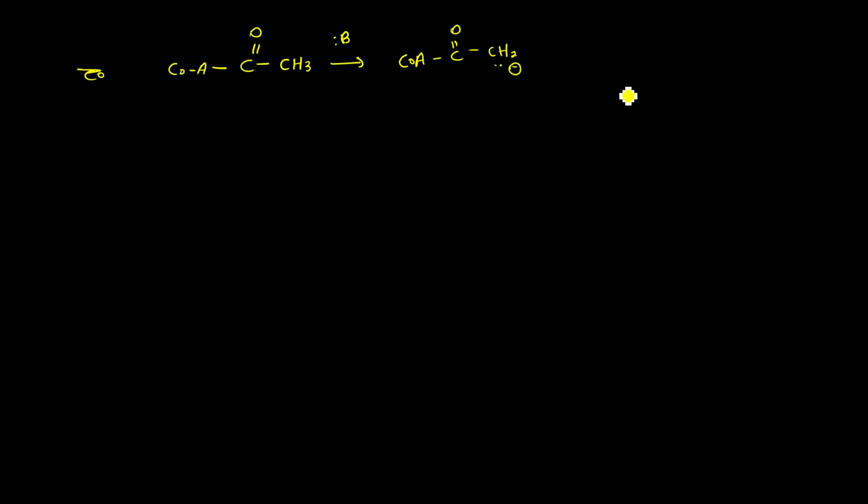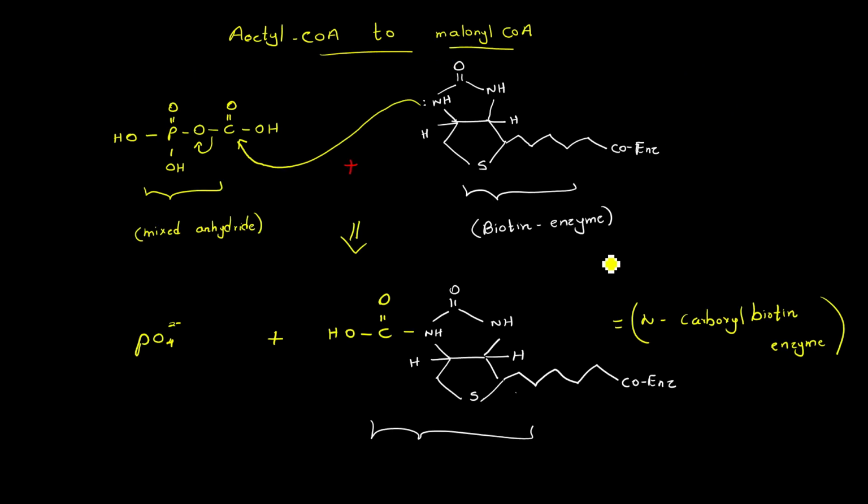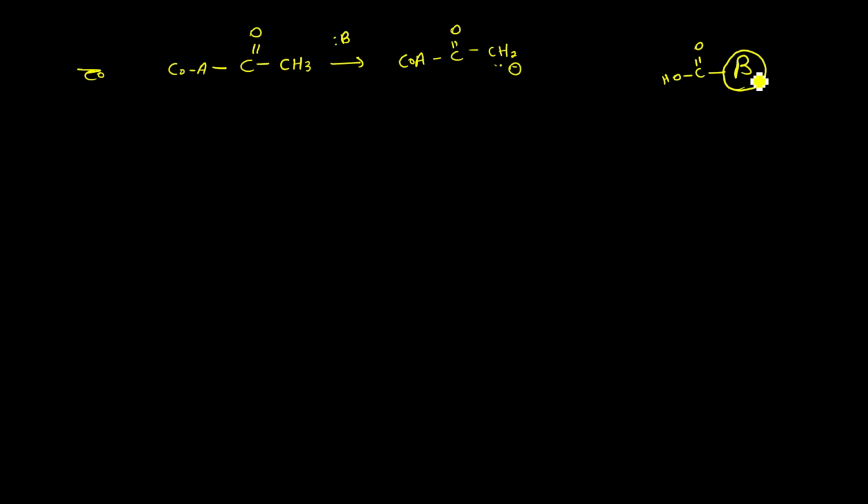Now we have our biotin enzyme, which is connected to our carboxylic group. I didn't draw the whole structure of the biotin enzyme; I just put a circle for this structure. Now look at this.